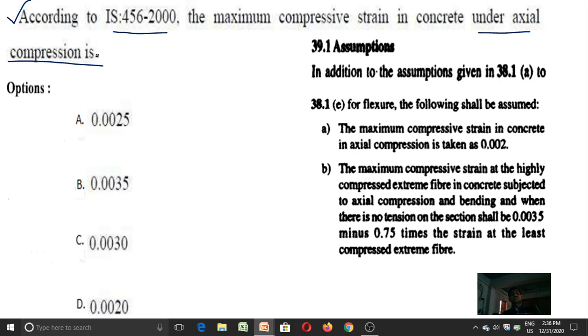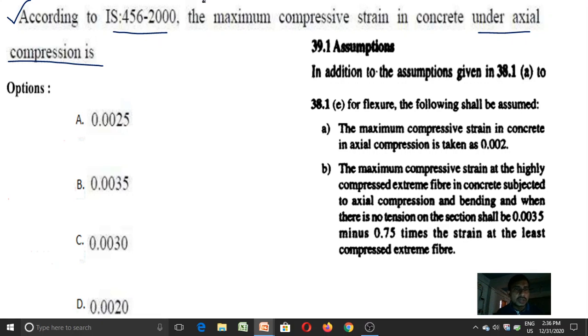If you see the options here, those two values are present in the four options, but you have to read the question carefully whether it asks for the maximum compressive strain in flexure or in compression, and we have to differentiate that.